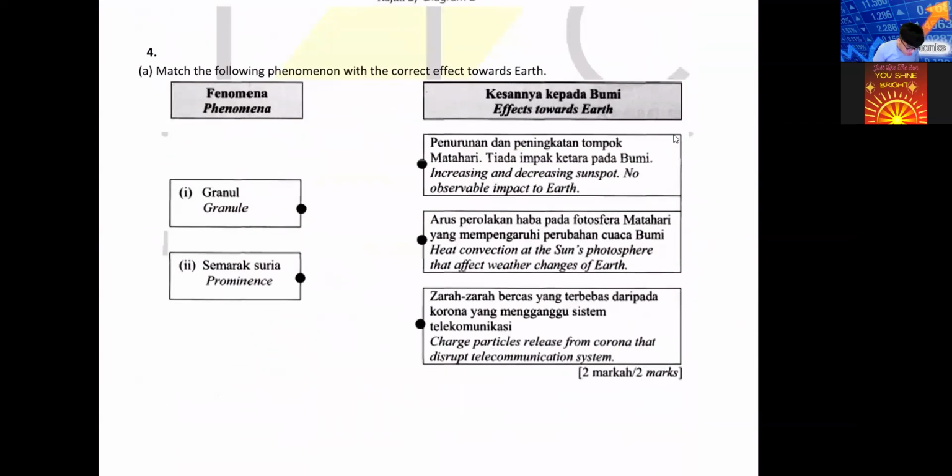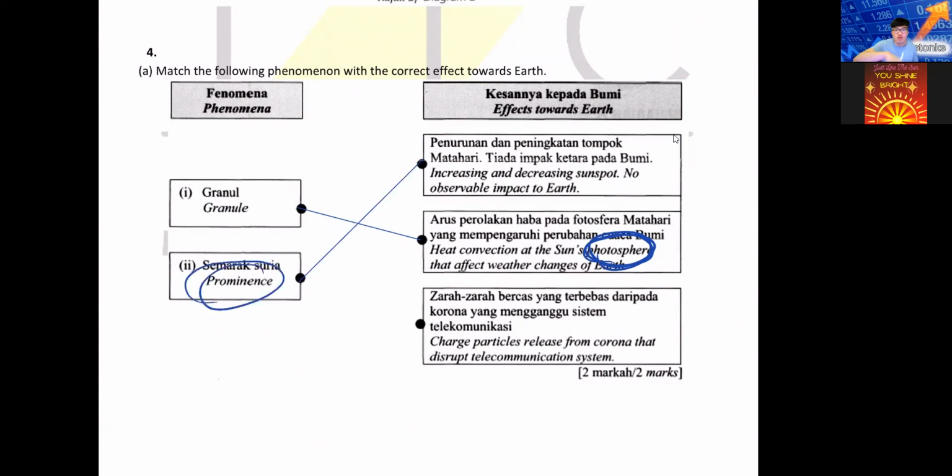Okay, so let's do one more before we go. So what is a granule? Granule is the bintik, the dots on the sun's surface. That's gonna be your heat convection. I think this one. Arus perolakan. It happens at the photosphere. See, photosphere is the surface. So prominence is gonna be your increasing and decreasing sunspot. Okay, here's the thing.